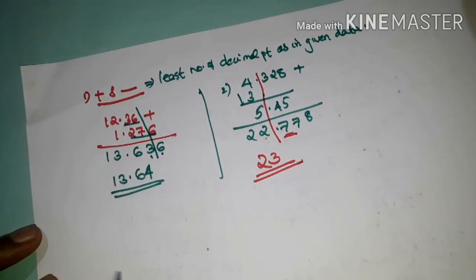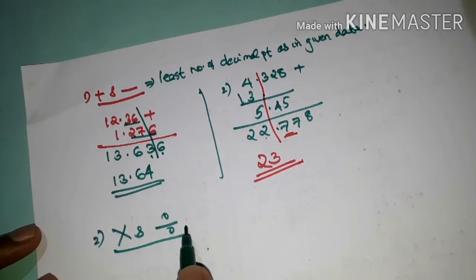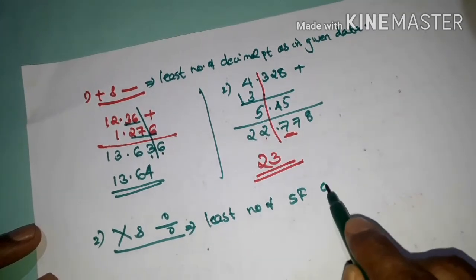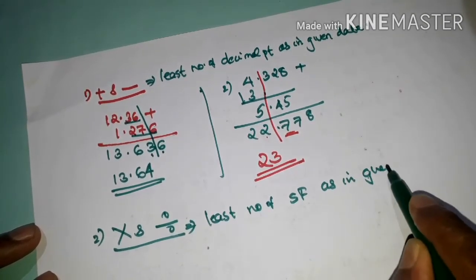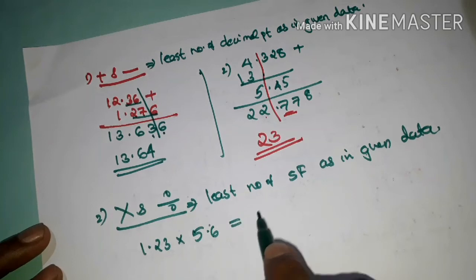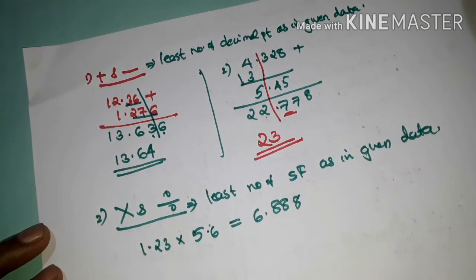Next, multiplication and division. Rule is the answer should contain the least number of significant figures as in the given data. Take an example, 1.23 times 5.6. Answer is 6.888.